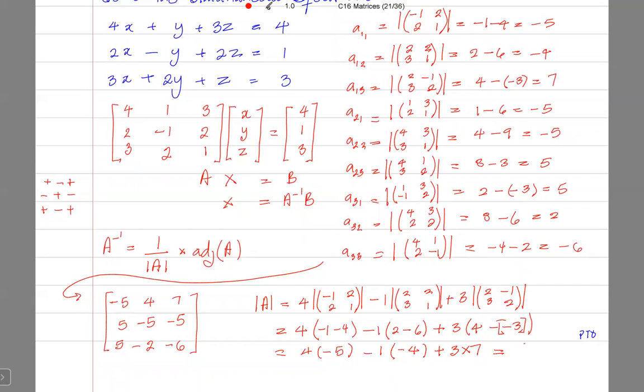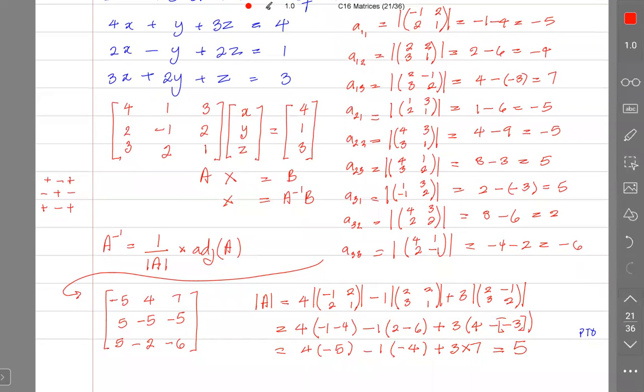This gives me a determinant of 5. All right, so now A inverse. Let's write A inverse. Minus 5, 4, 7.